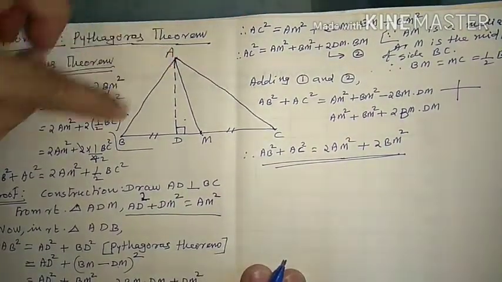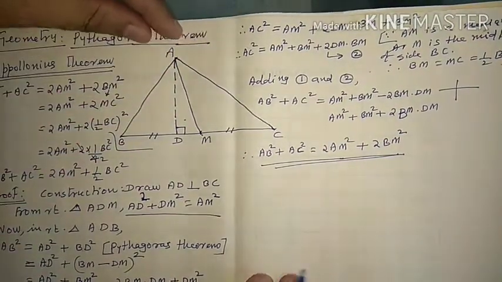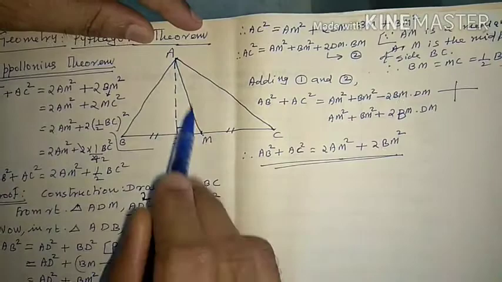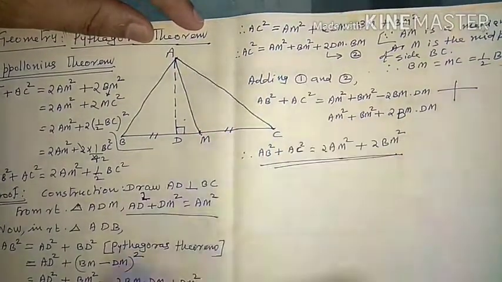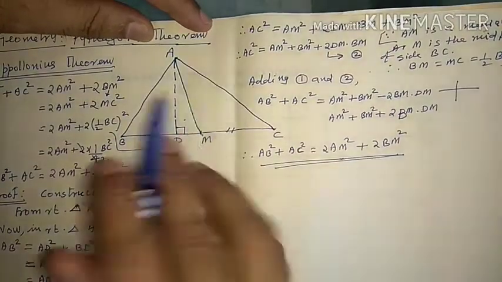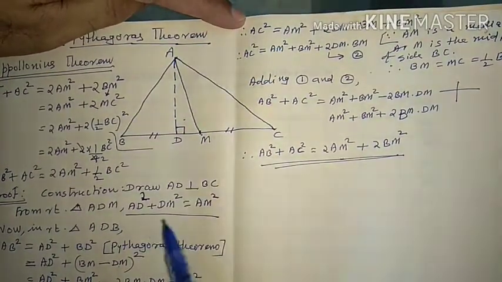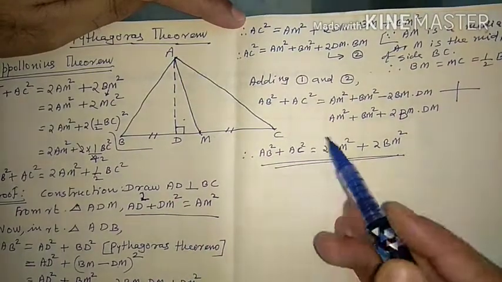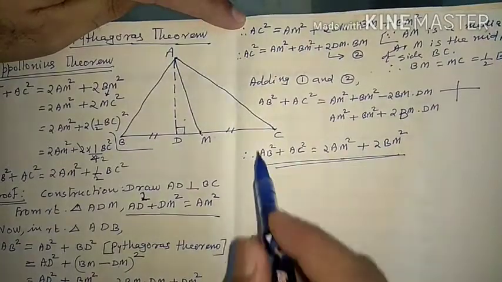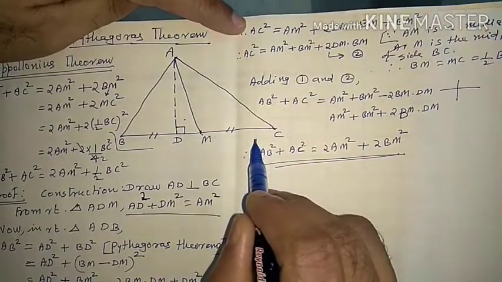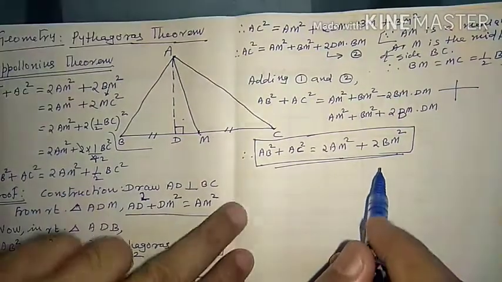In the book it is given: triangle ABM is an acute angle triangle, one result. Triangle AMC is an obtuse angle triangle, second result. Then they are just adding directly to get Apollonius theorem, whereas we are showing everything in detail correctly in short, and we are getting Apollonius theorem. So this is Apollonius theorem. This way you practice, it is very easy.